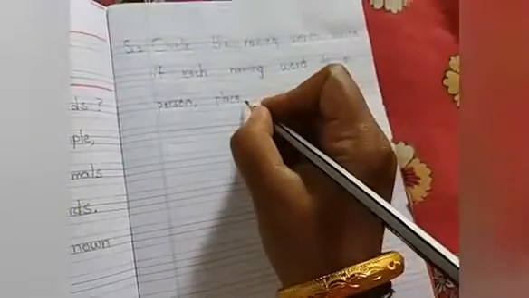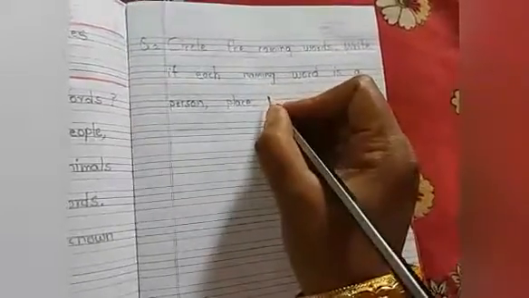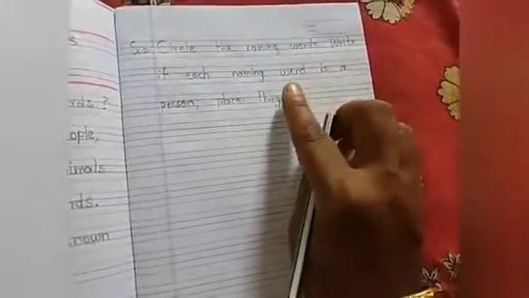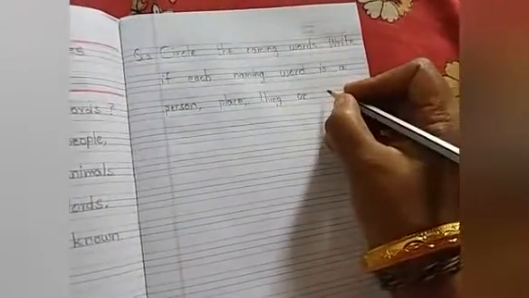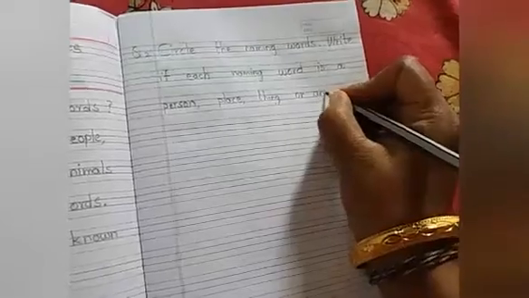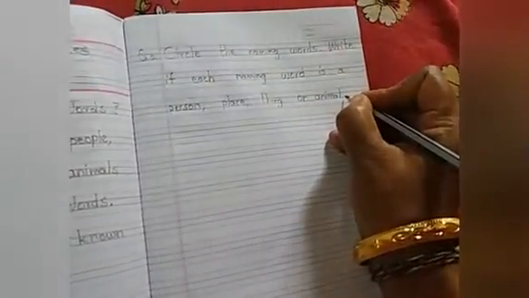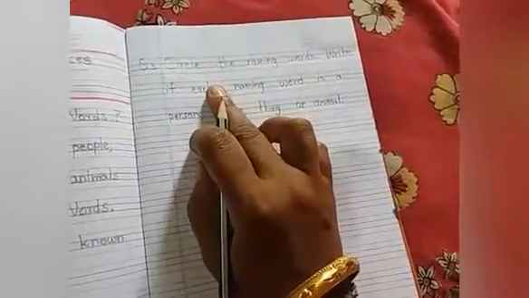Place, comma. Finger gap. Thing. Finger gap. Or. Finger gap. Animal. Full stop. This question you can copy from reader also, children.